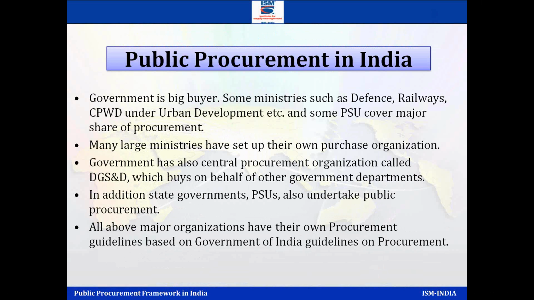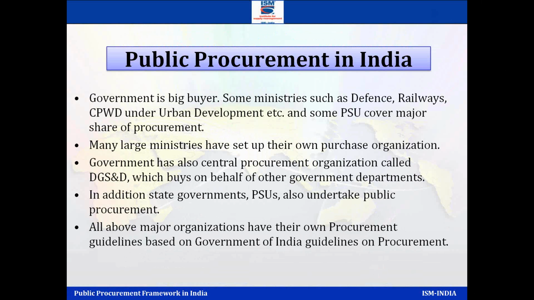When we look at public procurement in India, as I said in the first module, government is the biggest buyer. So when I said to you around 25% of the GDP, close to $50 billion yearly, what do we do with this money?